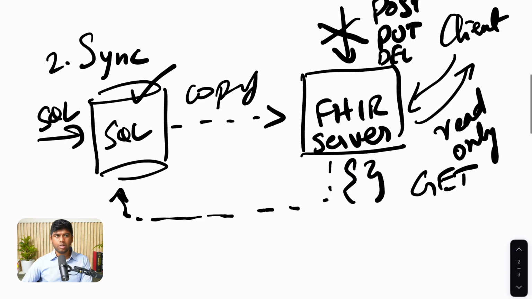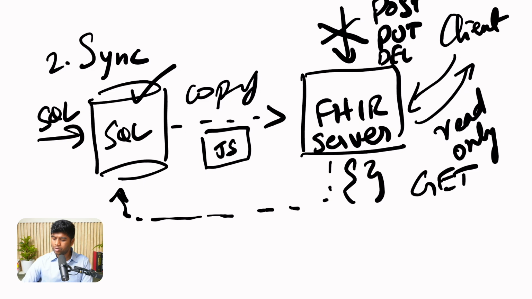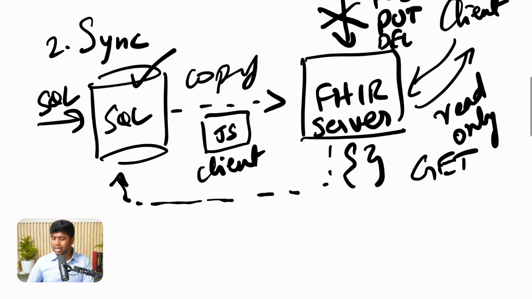You just take a copy of your SQL data, you convert it into the FHIR format, and obviously there will be a FHIR client here. So maybe in Python or JS or whatever. So there is a client library that then takes a copy of this and puts it in the FHIR server, right? Now, when you are using this technique, it needs to be idempotent.